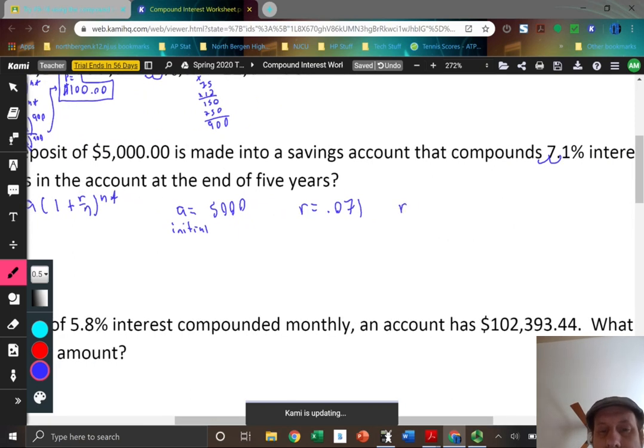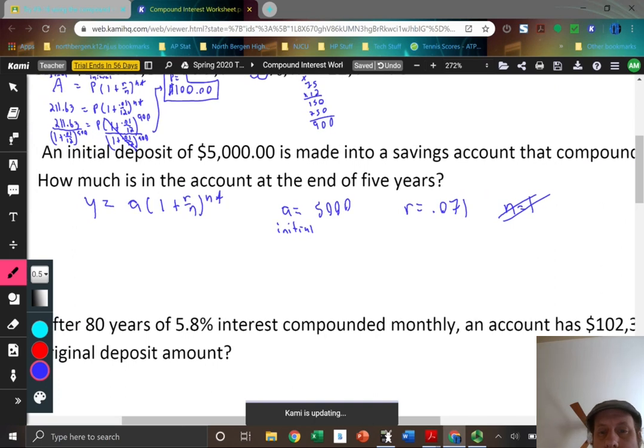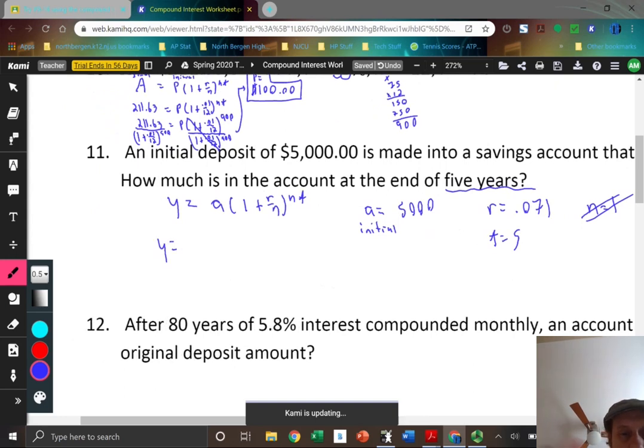So in this case, if n equals 1, that means it's going to be a non-factor, and you can just ignore n. Really, if n's 1, you can just ignore it. And right here, time, of course, it says 5 years, so we'll say t equals 5. All right, so let's do it. So y equals a, which is 5,000 times 1 plus.